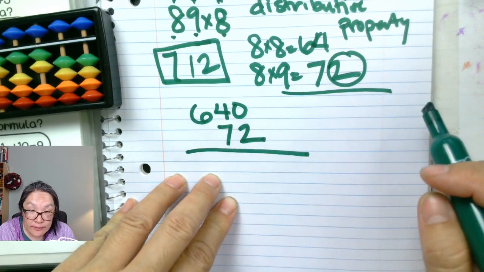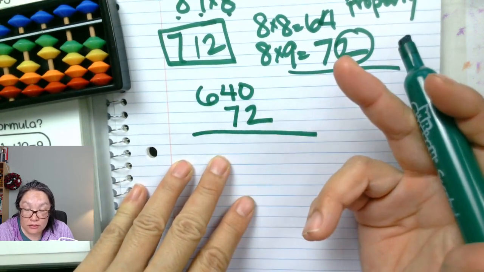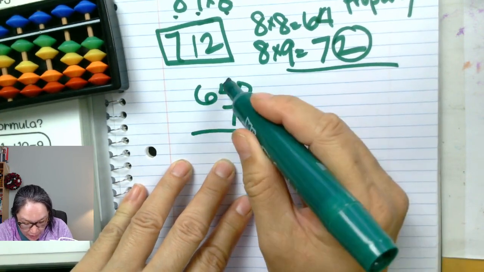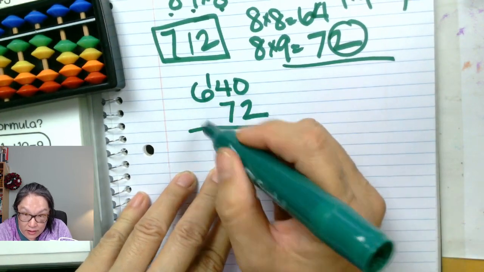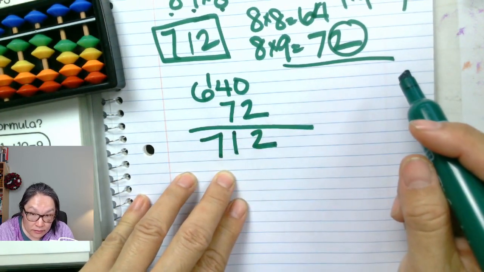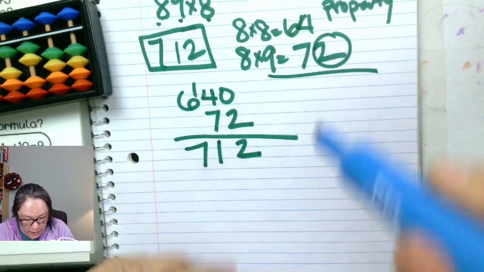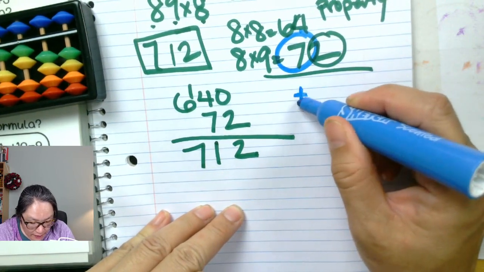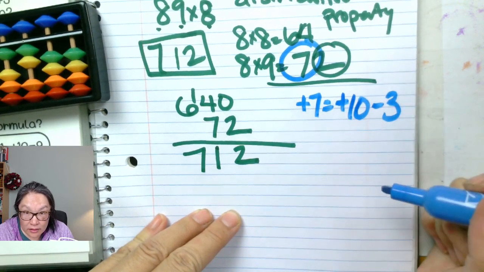In mainstream math, we add the 2, then the 7 and the 4, which is 11, and then 7. But in Abacus world, we understand that 7 is equal to plus the 10 minus 3.